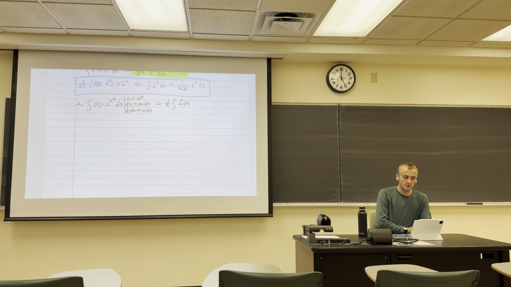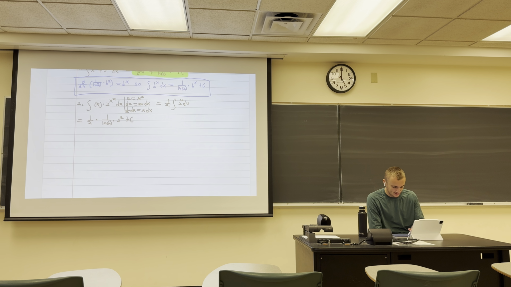And now 2 to the u, that's just going to be relying on our formula we discussed up here, these properties again, specifically right here. So b to the x, now it's just 2 to the u, equals 1 over ln of 2 times 2 to the u. So we'll write that right down here. So we have 1/2 times 1 over ln of 2 times 2 to the u plus c.